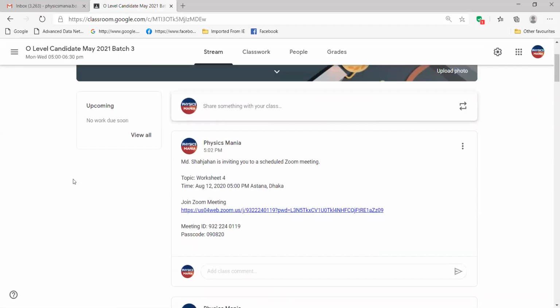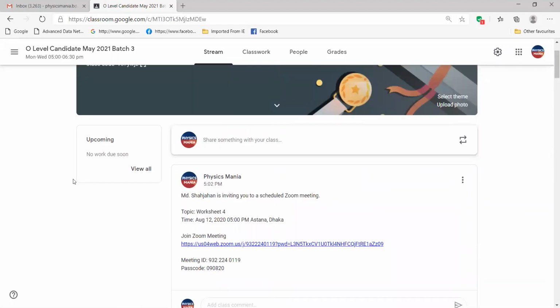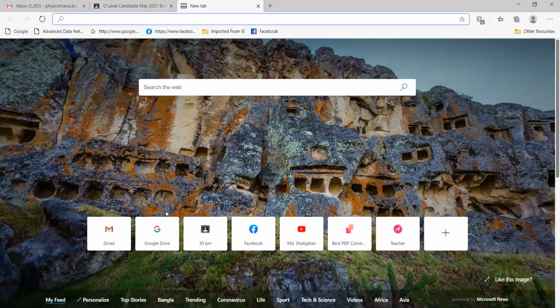Today we will do topic 5. Topic 5 name, do you know? Force. Turning effect of forces. Yes.